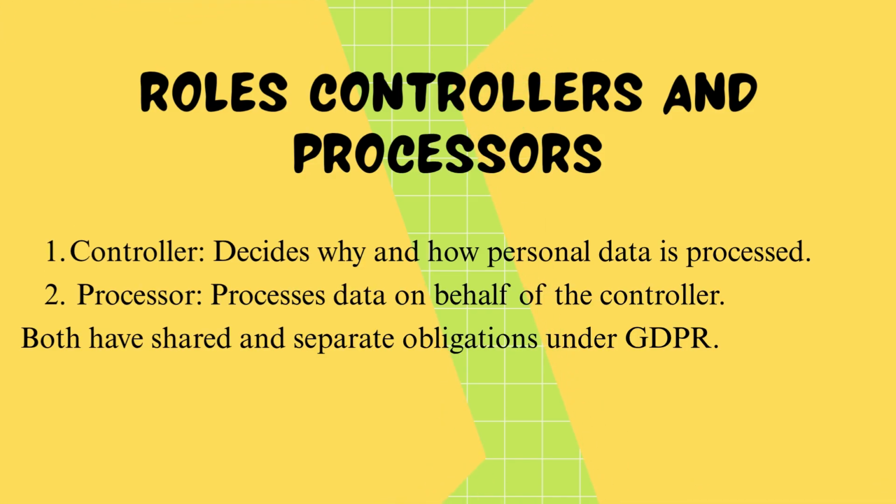So if a company like Techie Store collects customer data to complete a purchase, Techie Store is the controller. And if they use a cloud provider to store that data, that cloud company is the processor. Both must comply with the GDPR, but the controller is the one who holds primary accountability.